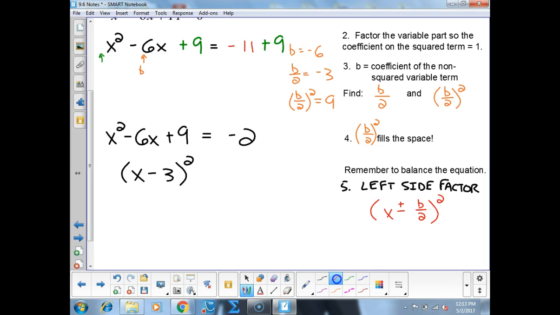Will that always be the case? And that is equal to -2. Now, we want to solve the equation. How are you going to solve it?